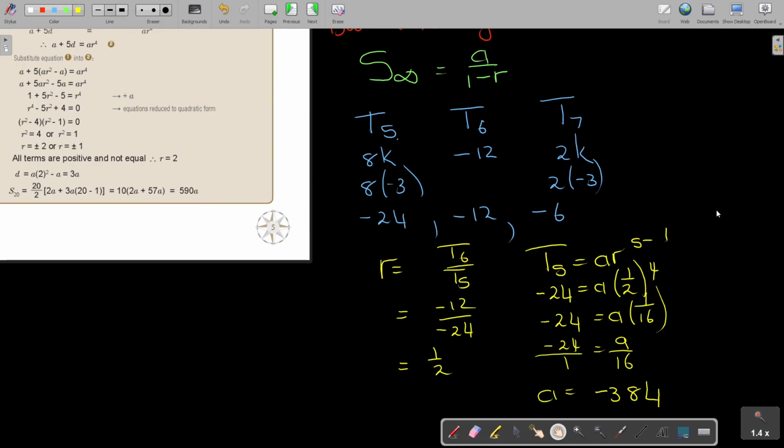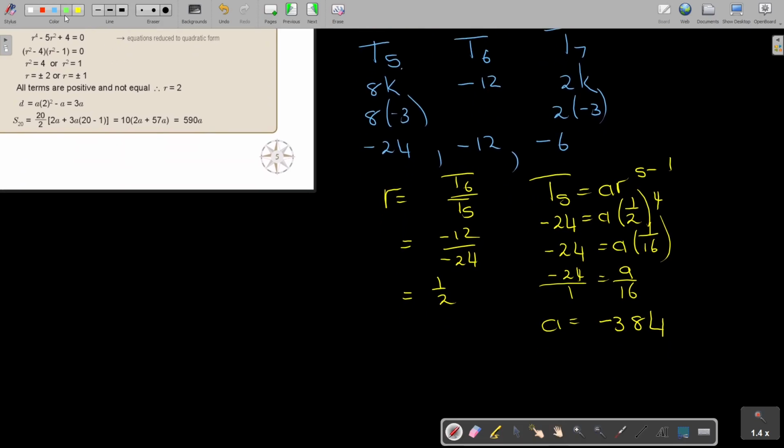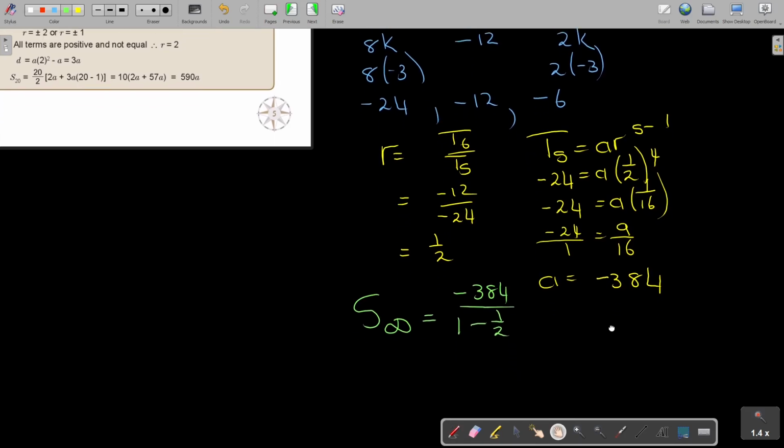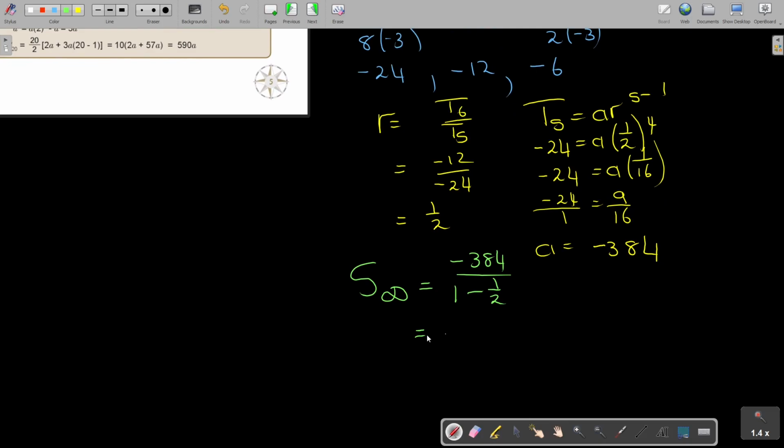So I had to first work it out. Let's go back to my green. S to infinity equals a over 1 minus r, so negative 384 over 1 minus a half, and that is going to be negative 384 over a half.